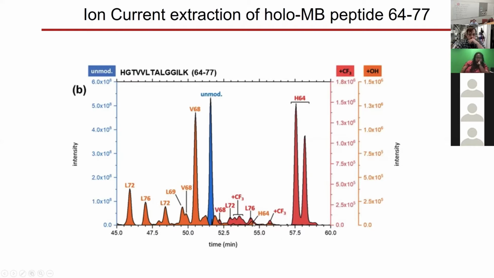And histidine in OH is very low here, like a blip, which is sometimes not easy to quantify. Also you have some residues which overlap. We see leucine 72 and 76 labeled in both cases, right? So again, you have a pattern where you have some residue overlap, which is good because it gives you a reproducible replicate experiment in the two different chemistries, and also it gives you different information.